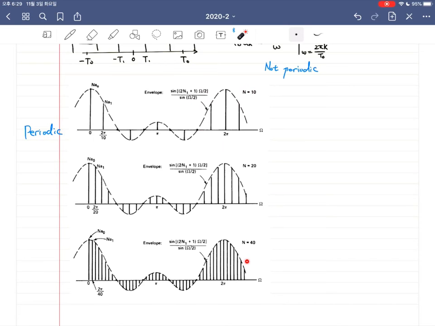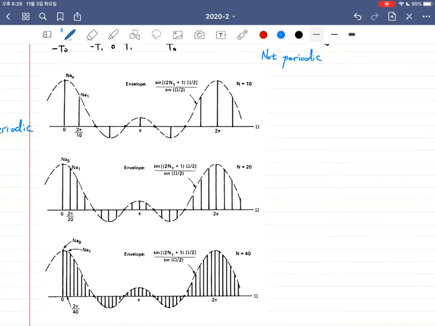So if N goes to infinity, then you will have infinite samples, which means the coefficients will become the envelope itself.